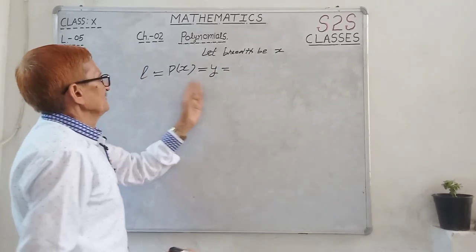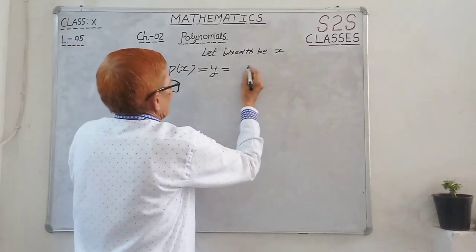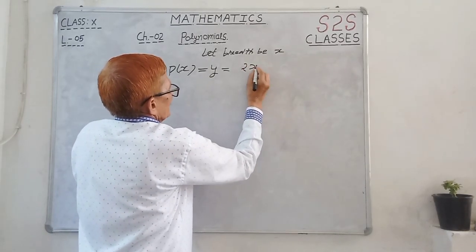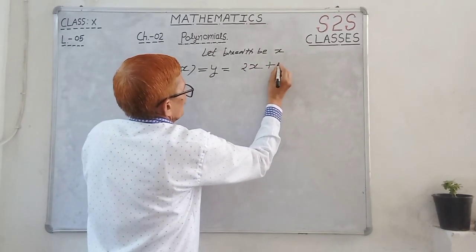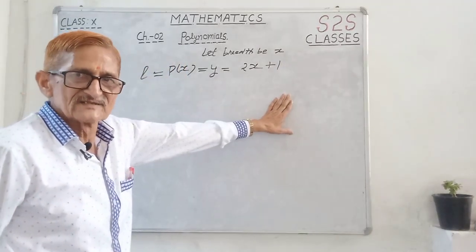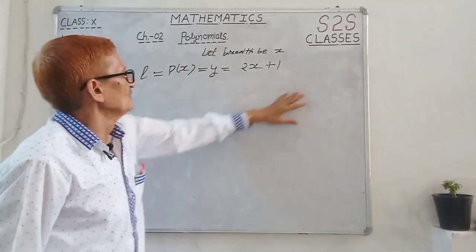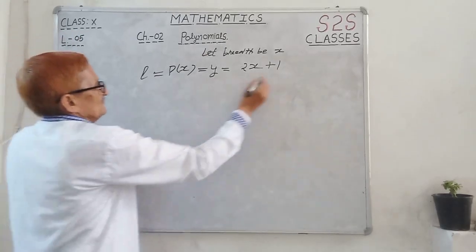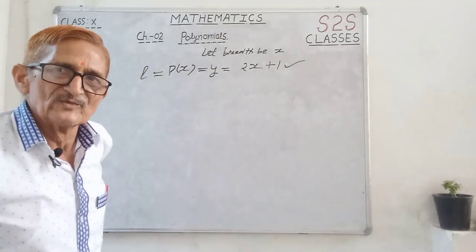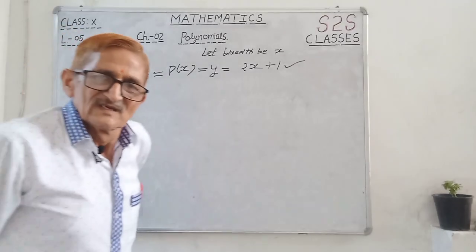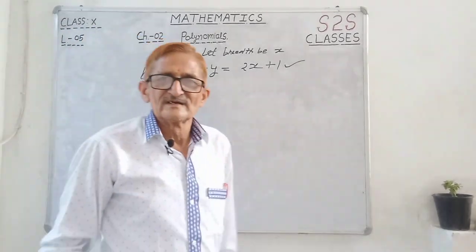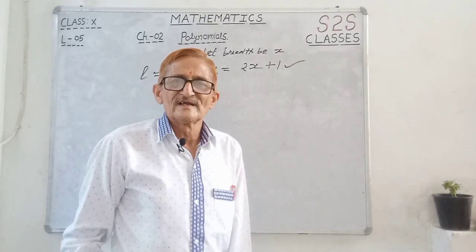Length will be y, that will be px. And what will px be? The length is 1 more than twice its breadth. So 2x plus 1 will be the length. So this is one polynomial in x variable, a linear polynomial. So we can make the linear polynomial like this, and we can draw the graph. Clear?